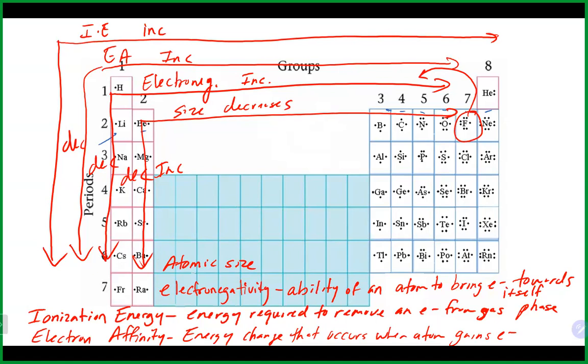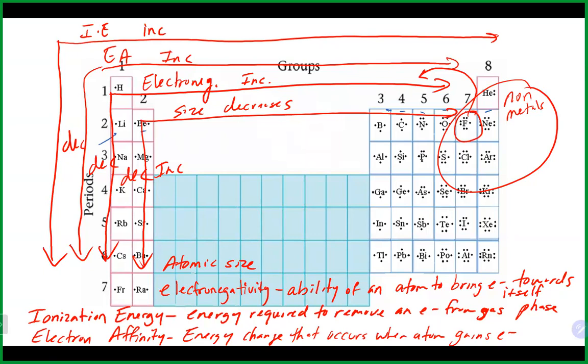So if we take together all these trends as we go up and to the right on the periodic table, which is this region where we have nonmetals, we have atoms that are really small, which means their outer electrons, even their valence electrons, are going to be much closer to the nucleus.